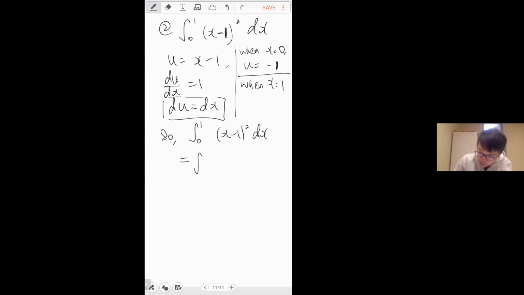And when x equals 1, the upper limit, the corresponding u value is, well, you need to plug 1 into this. So 1 minus 1 is 0. So if you turn everything in terms of u, the lower limit is -1, the upper limit is 0. Then (x - 1)^2 is u^2, and dx is du. Make sense?